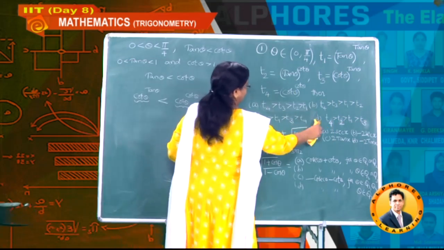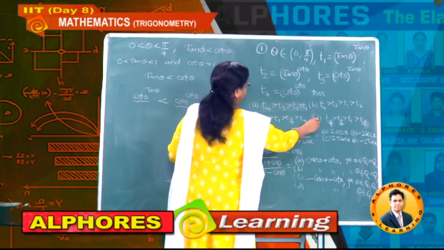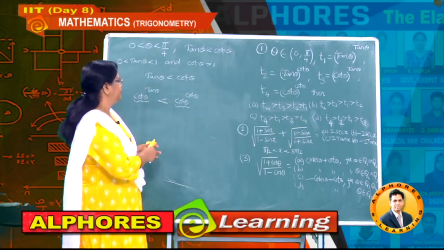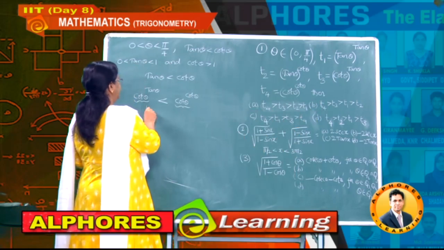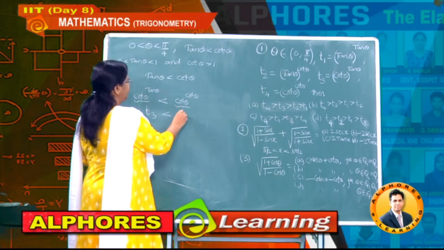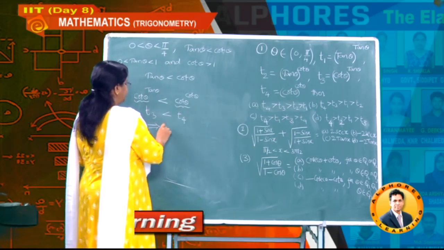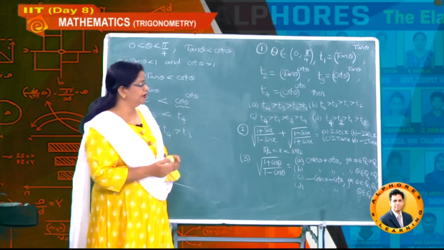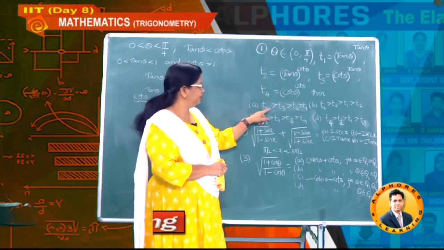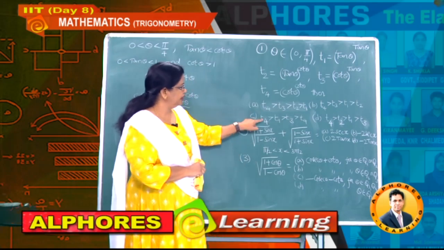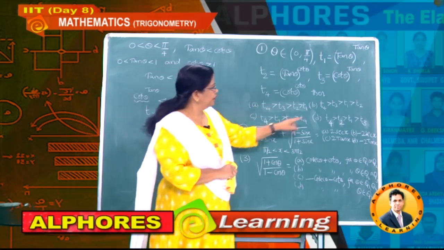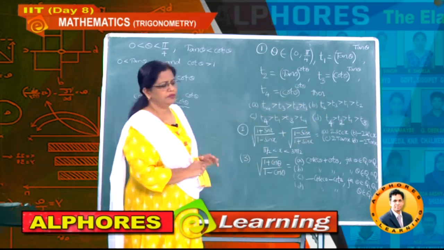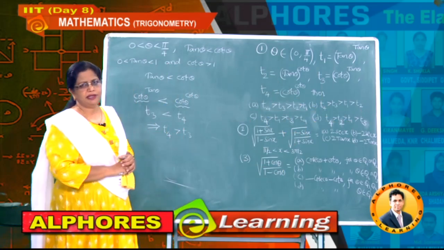Just observe, everywhere you got T4 as greater than T3. This is our value T3 and this is less than T4, that implies T4 greater than T3. Now you observe here T4 greater than T3, T4 greater than T3, T4 greater than T3, again T4 greater than T3. So all four options are matching.